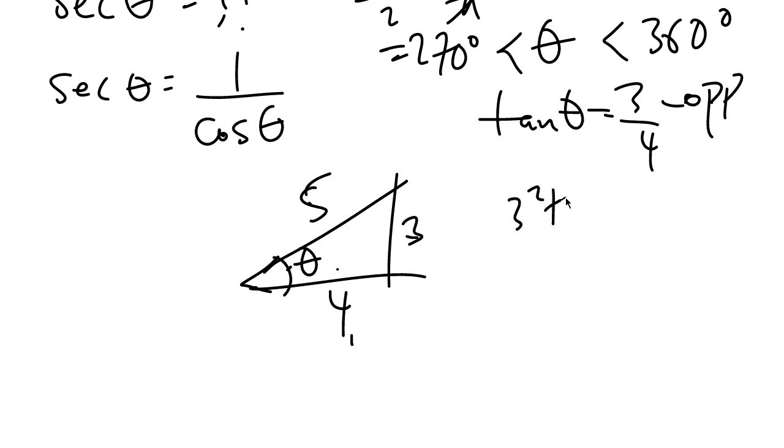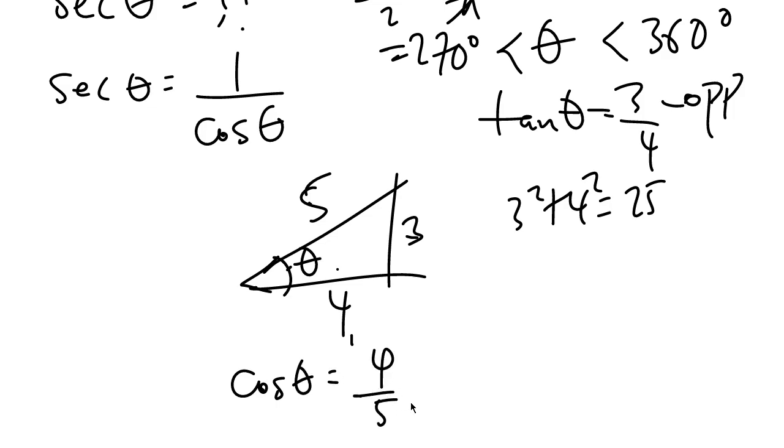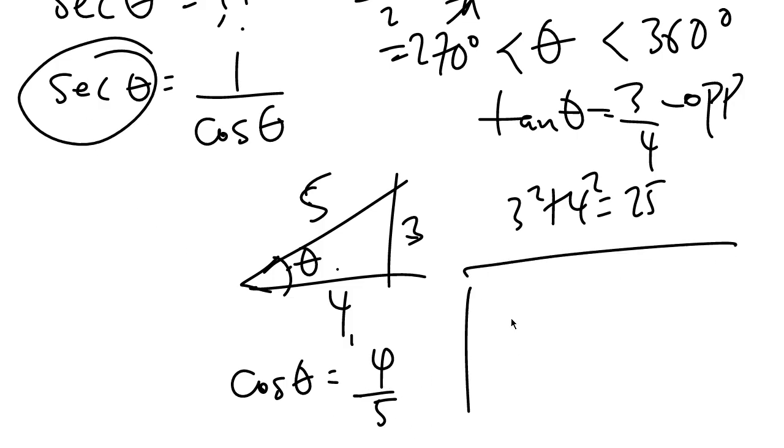Because 3 squared plus 4 squared is 25. Square root of 25 is what? 5. So from here now, what is cos theta? Remember that cos theta is equal to adjacent by hypotenuse. So it's going to be what? 4/5. But we are looking for what? Sec theta. So if cos theta is 4/5, that means that sec theta is what? 5/4. But this is not the final answer.